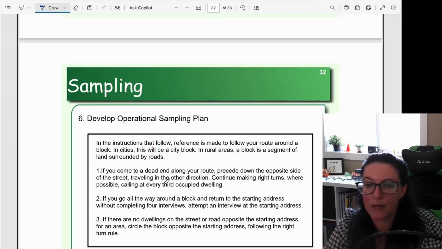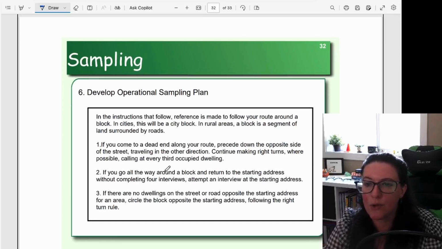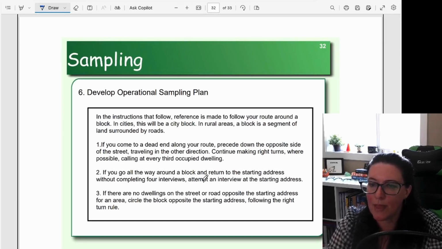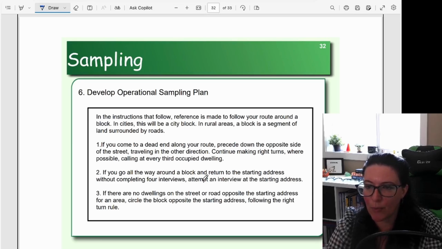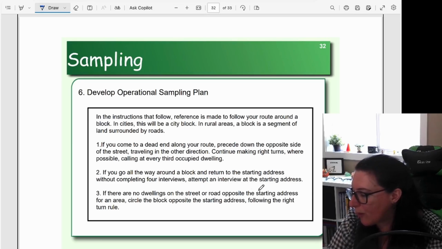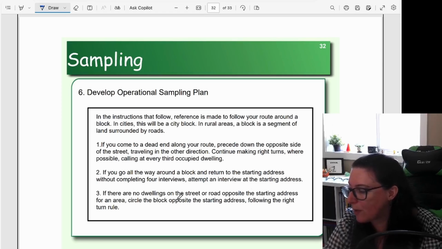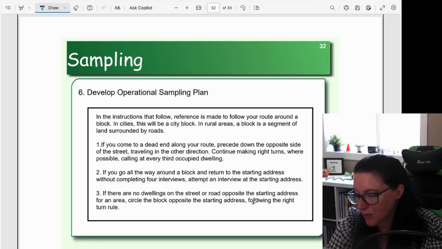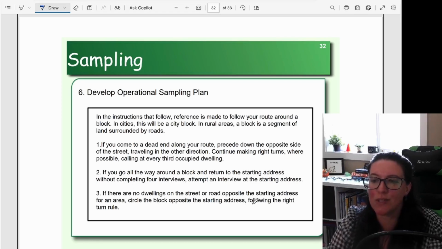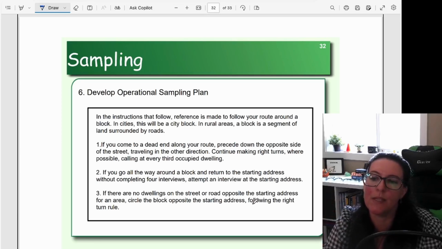So here we are going to every third dwelling. If you go all the way around a block and return to the starting point, then find a new starting point to repeat the process. If there are no dwellings on the street or road opposite to the starting address, circle the block and opposite starting address.